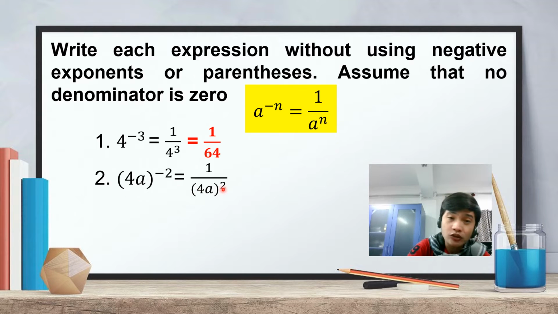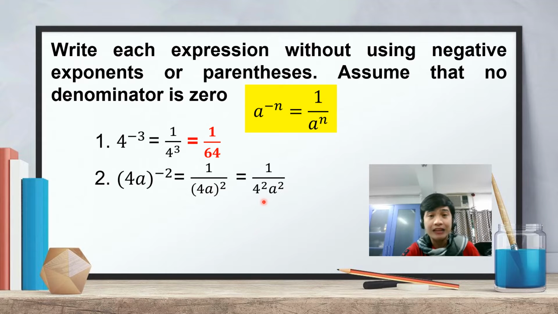Now, if we will try to check, ito po ay application na naman ng isang laws of exponent, ang power rule ng laws of exponent. Okay? Power of a power o power rule. So, in this case, i-distribute lang natin yung 2 sa loob ng grouping symbol, that is equal to 1 over 4 raised to the second power, a raised to the second power.